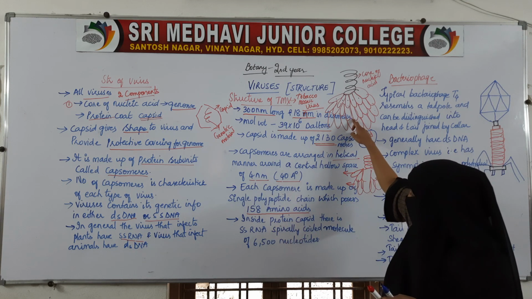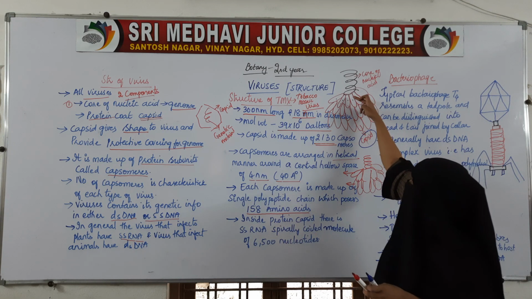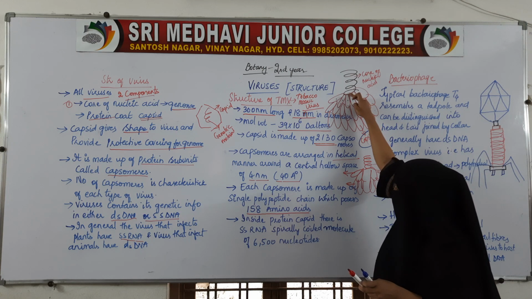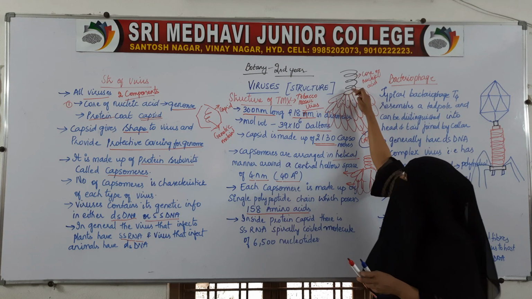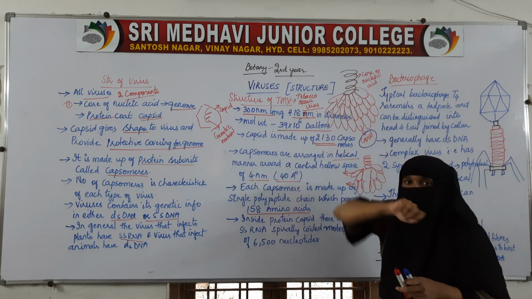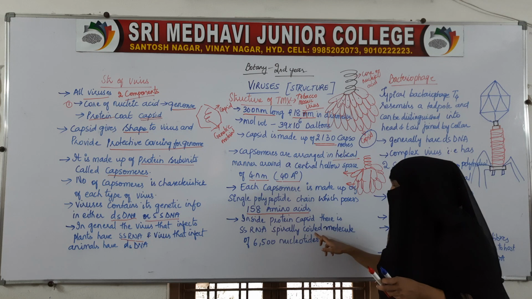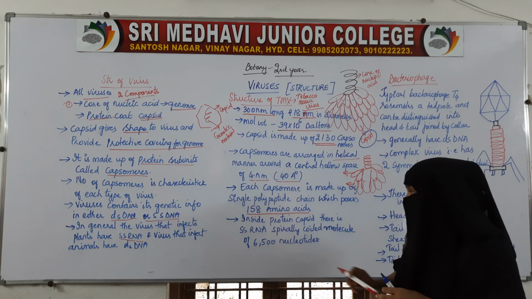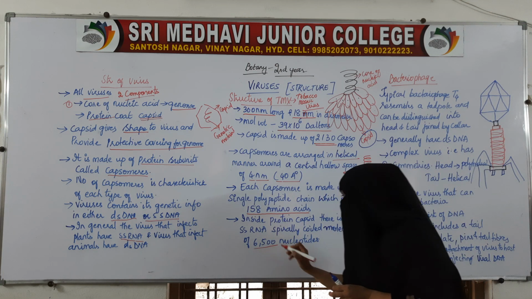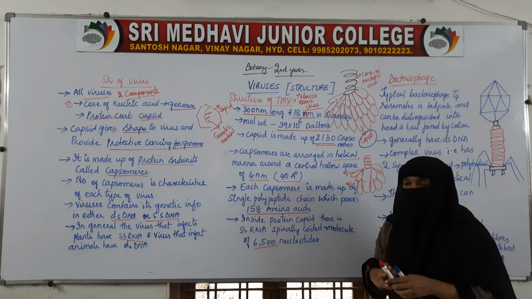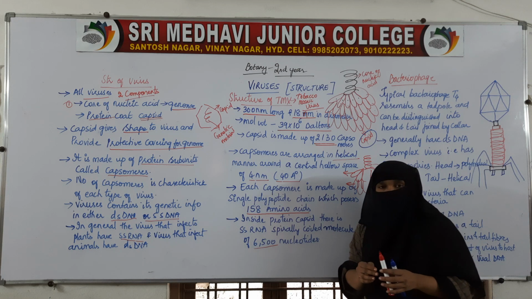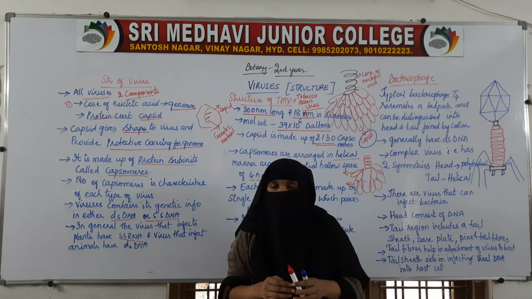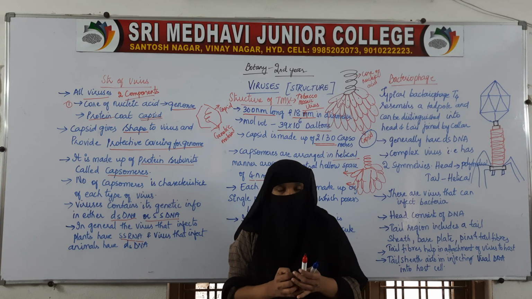Now inside the protein capsid there is single stranded RNA, and that single stranded RNA has 6500 nucleotides. We all know nucleic acids, that is DNA and RNA, are made up of nucleotides: adenine, guanine, cytosine, thymine.